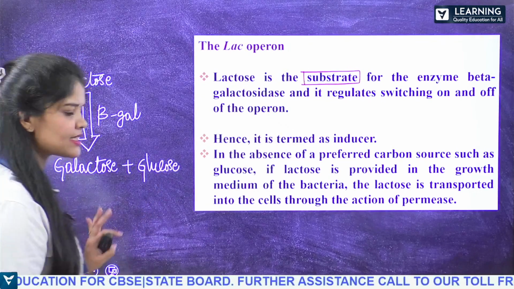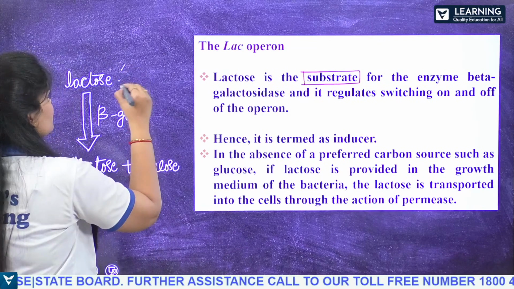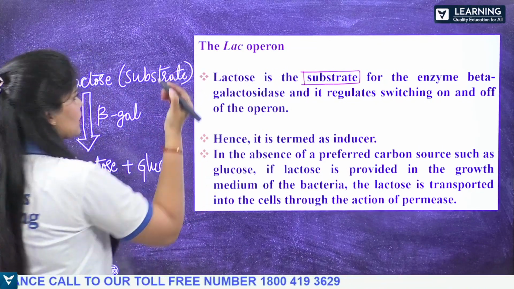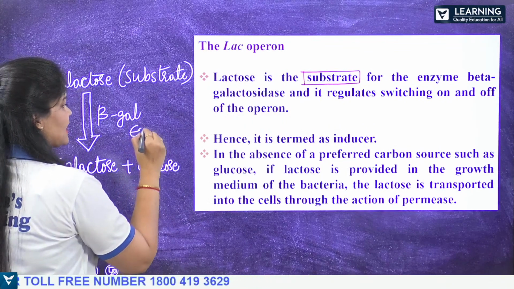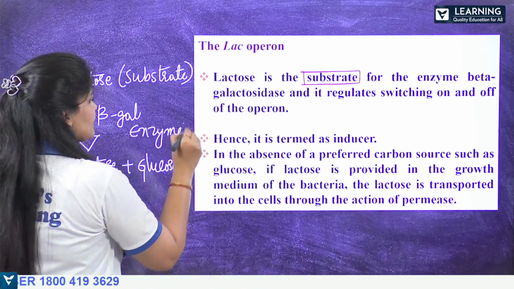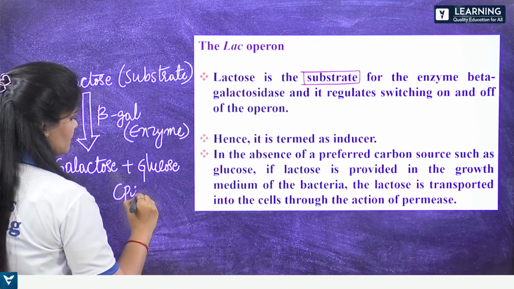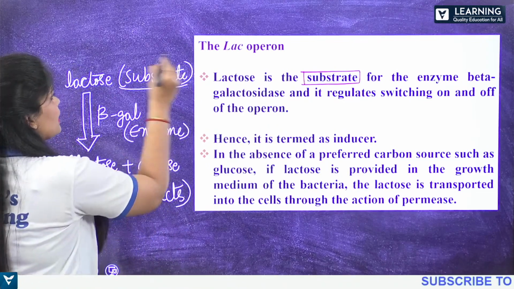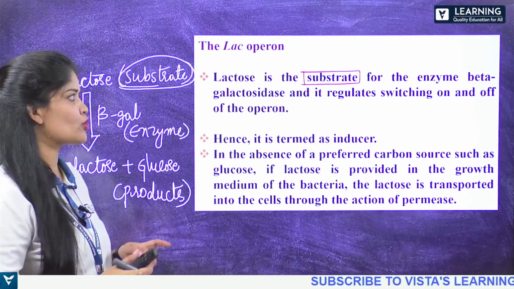Here, if you consider this is a reaction where lactose is a substrate, beta galactosidase is an enzyme, galactose and glucose are the products.